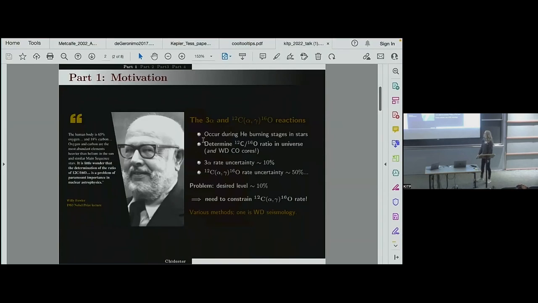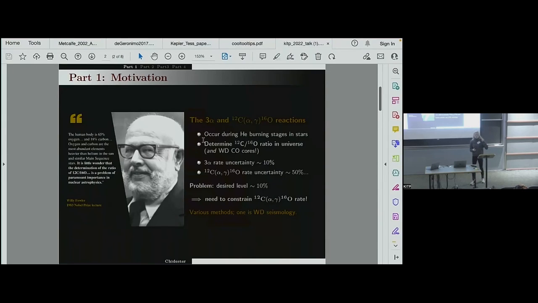I wanted to start by reminding ourselves why we care so much about the C12 alpha gamma reaction. This was touched on yesterday by the first speaker, Maurizio. During the helium burning phases in stellar evolution, there are two important reactions, the triple alpha and the C12 alpha gamma reaction.